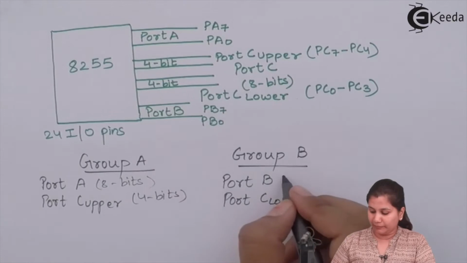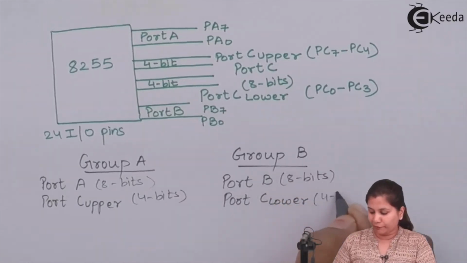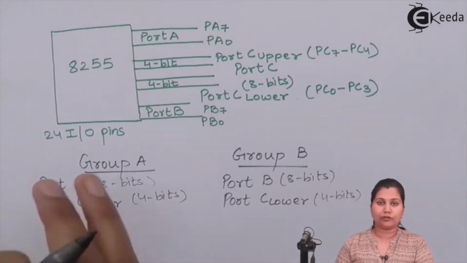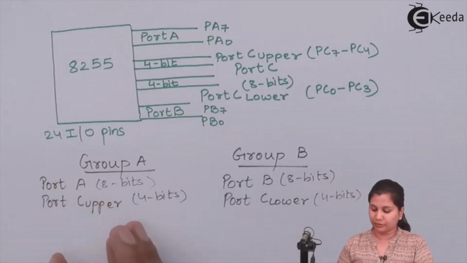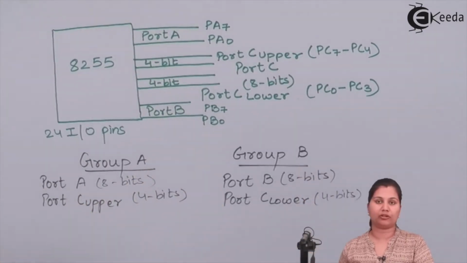Group B will have 8 bits of port B and 4 bits of port C lower. So in total, group A will have 12 input output pins, and group B will also have 12 input output pins.